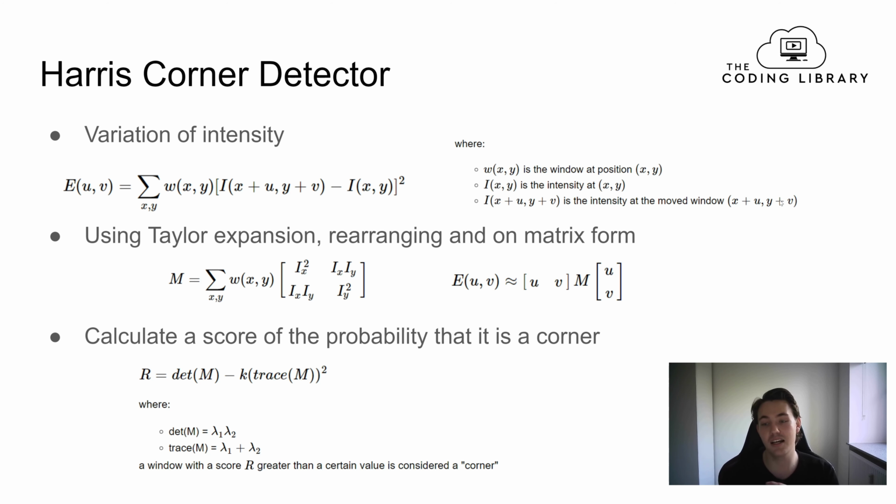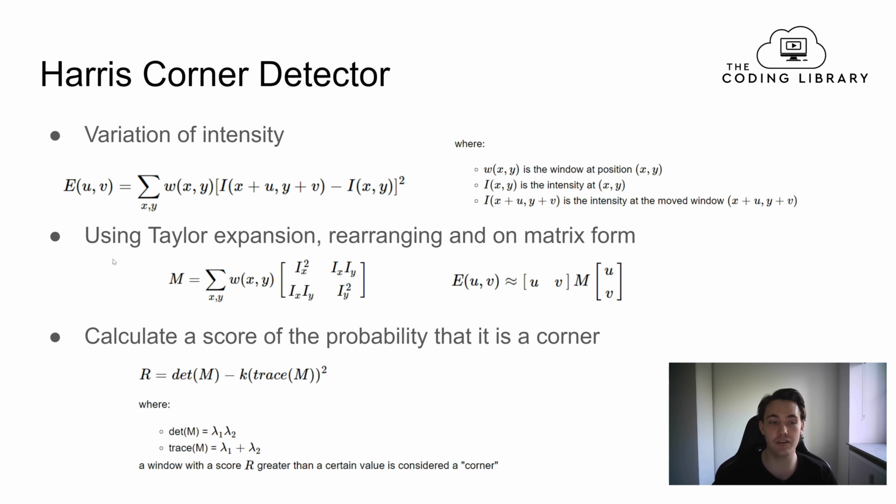So when we slide a window by some shift, we get another intensity. We're just comparing the intensity at the pixel that we're looking at to the pixel values in the moved window, shifted by this u and v. So we can look at the changes in the intensity, or the variation of the intensity, in our images.